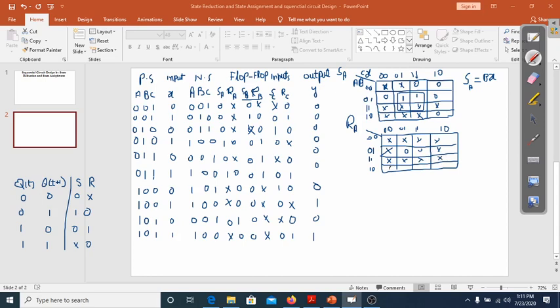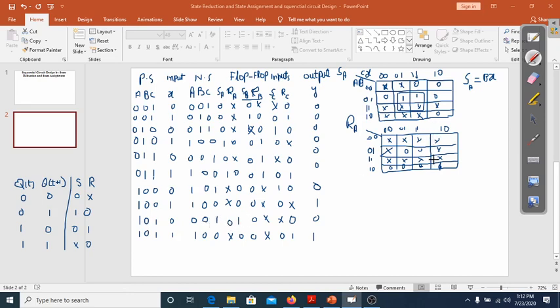Then this is 0, 0, 0, 0. Sorry, this is 1. When the combination is 1010, you can see here 1010, so RA is equal to 1.